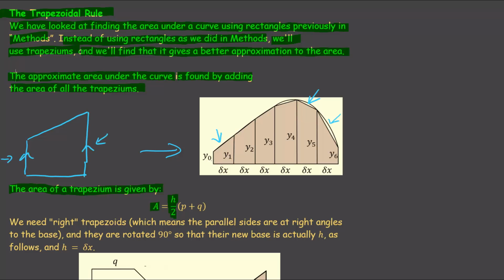So these ones are parallel. And if this is straight across here, then that would be the h, the distance between those. And then we've got p plus q. So in this particular formula, we're using p and q as the lengths of the parallel sides. So h divided by 2, p plus q.